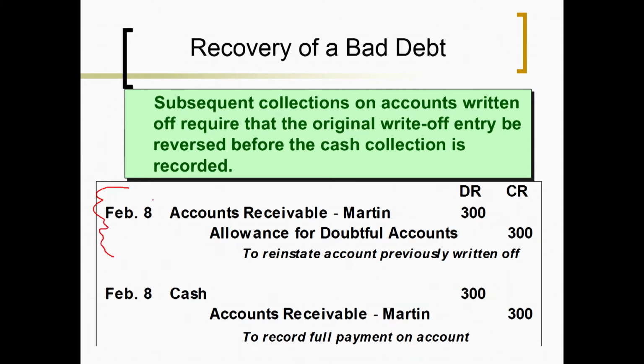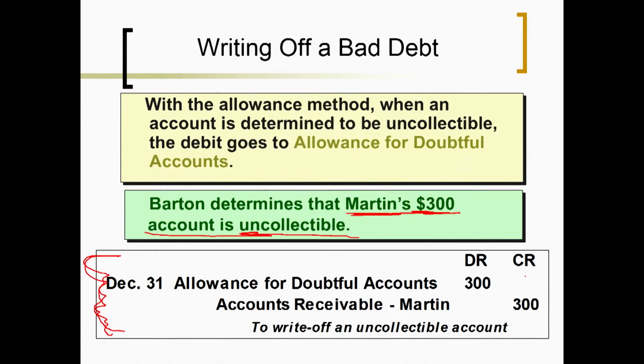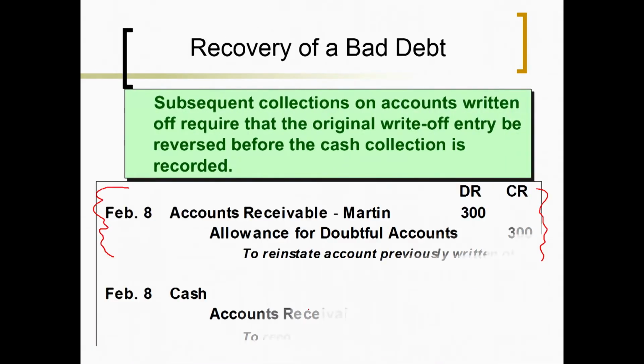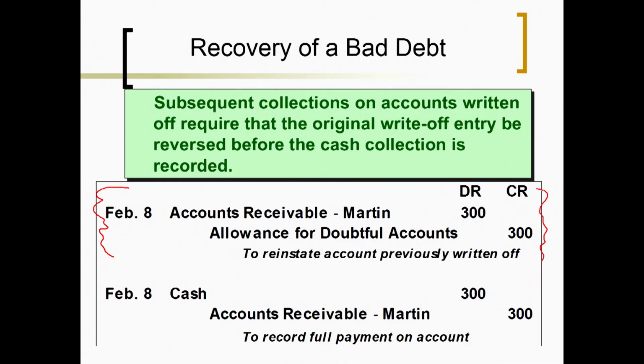Look at this entry and note that it is just a reversal of the entry when we wrote off the account. When we wrote off the account, we debited allowance and credited AR. What we're going to do here is reverse that. We're going to debit AR and credit allowance. That, in essence, negates that we made that entry earlier.